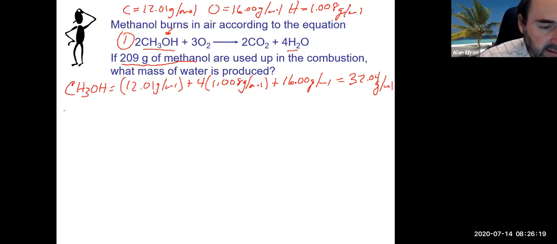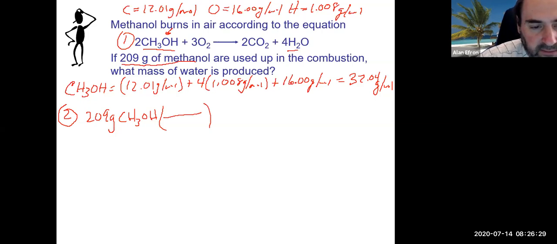So the second step is take the grams that they gave us, which is 209 grams of CH3OH. We're going to use the molar mass from the periodic table, which is our 32.04 grams per mole, grams on the bottom so that it cancels out.